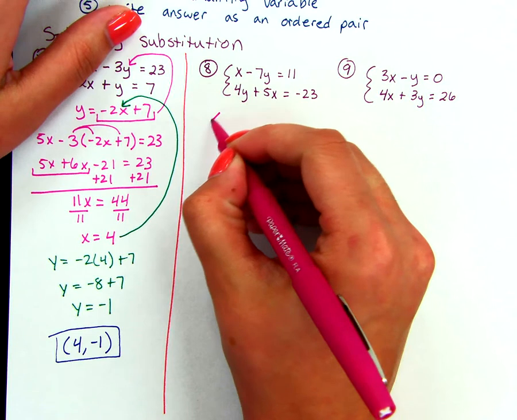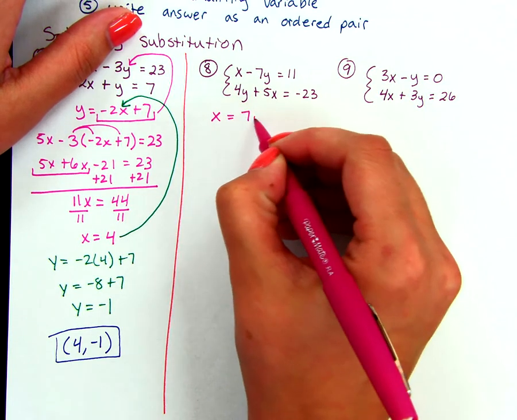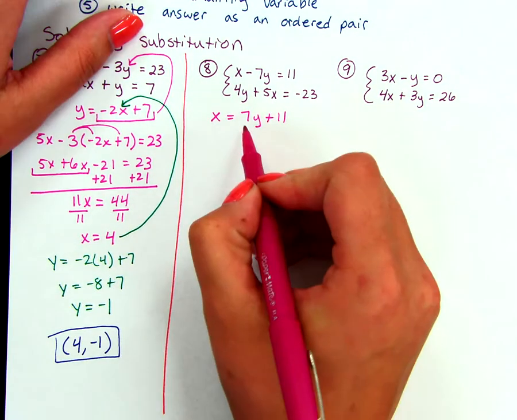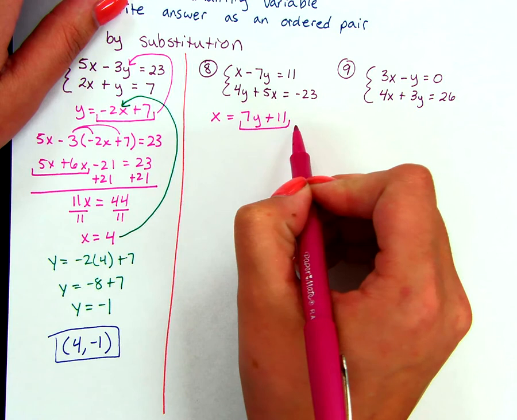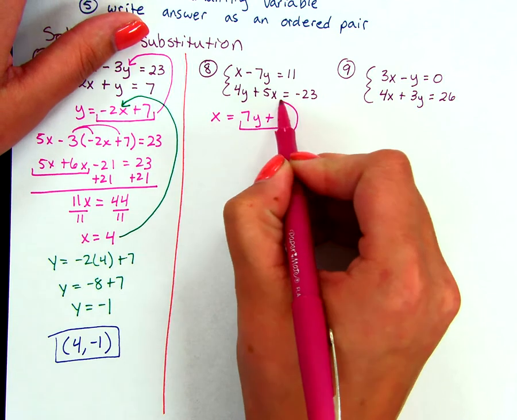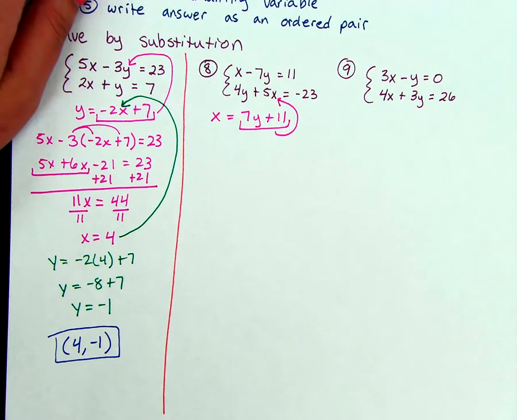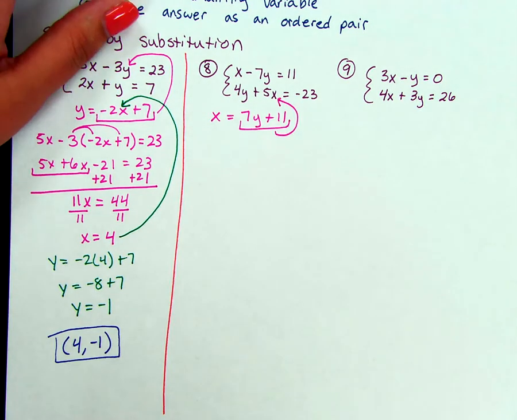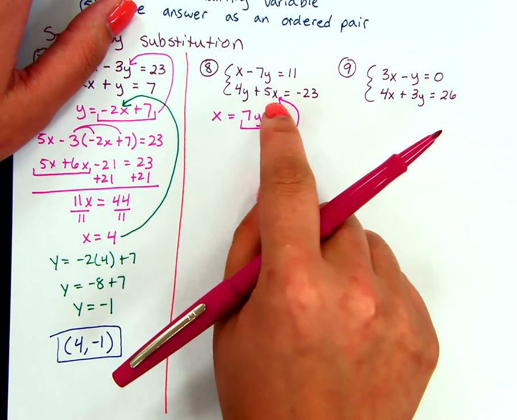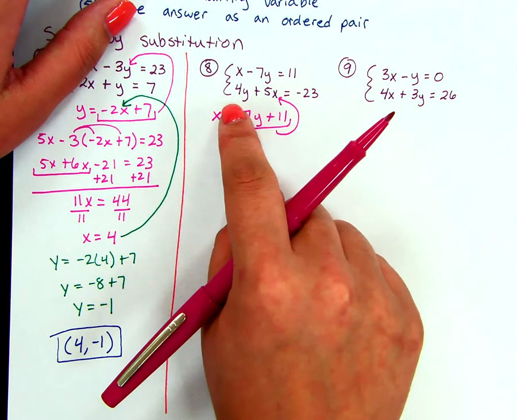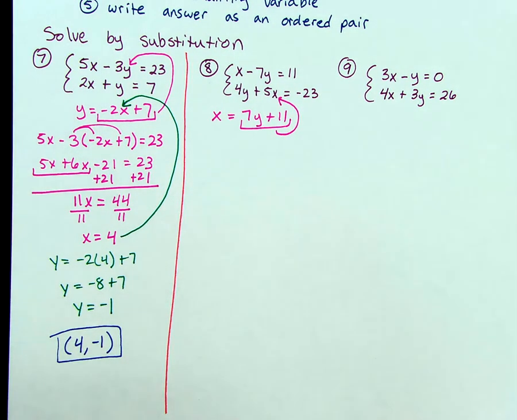So now we have x equals 7y plus 11. I'm going to take this part of the expression and substitute it into the x in the second equation, the equation that we didn't solve for. We have to make sure that we're paying attention to where things are located, so that we don't always assume that x is first and y is second. So make sure you're really looking at your equations when you're solving these.